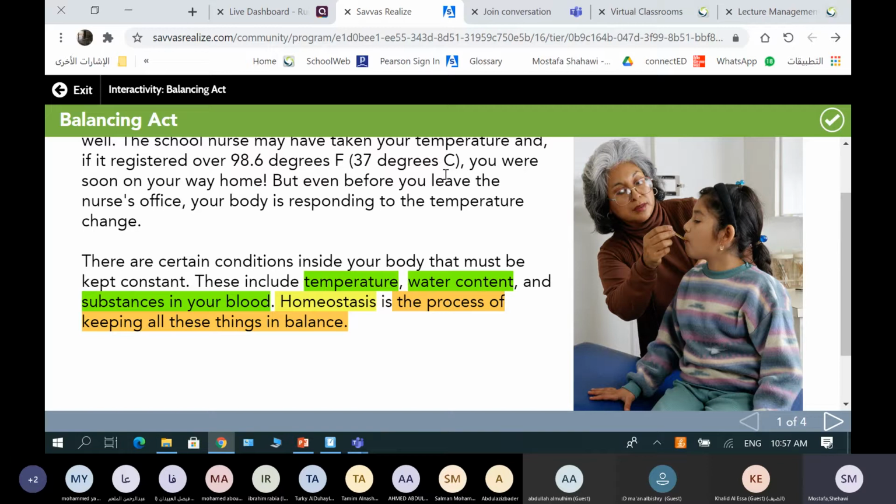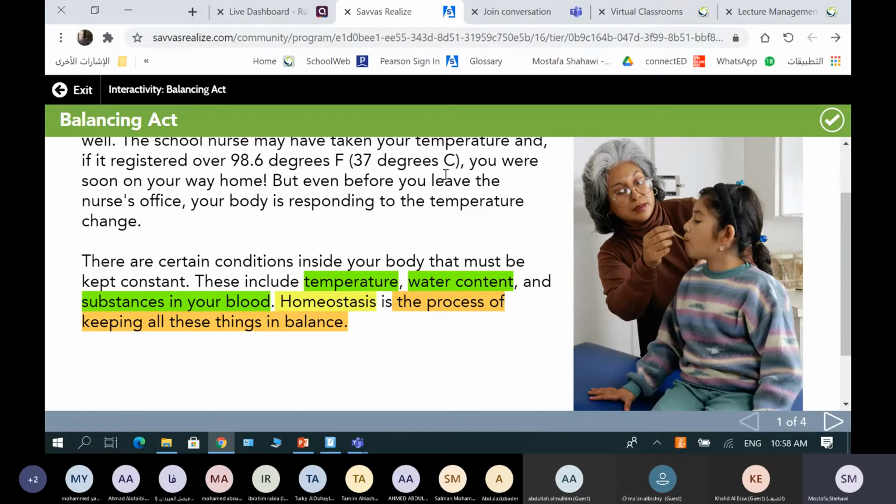So you can do something yourself in the environment, like wearing clothes in the cold, having a blanket, or going to the beach in the summer. This is something you do to keep your balance. But your body systems also do something.